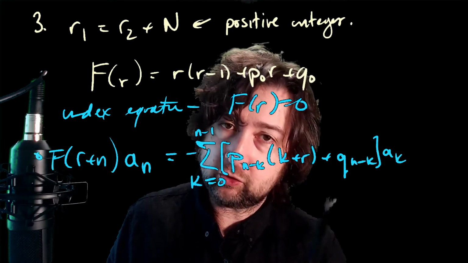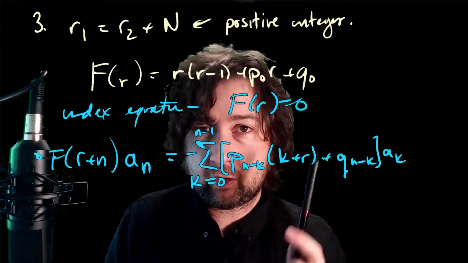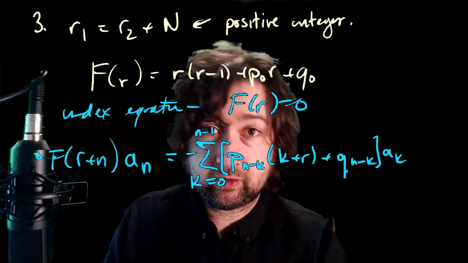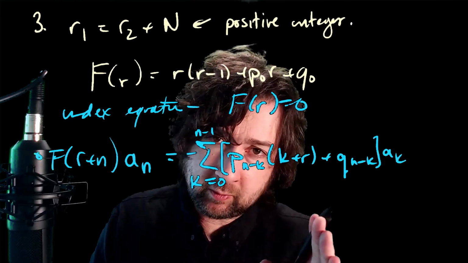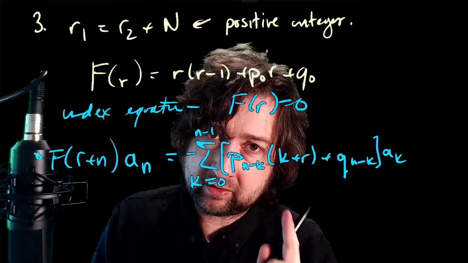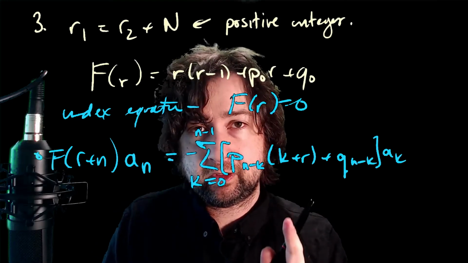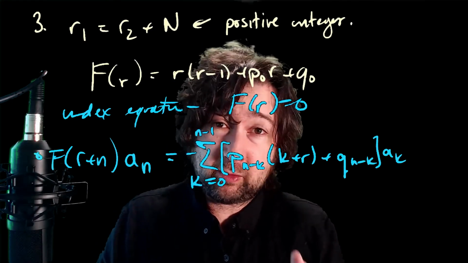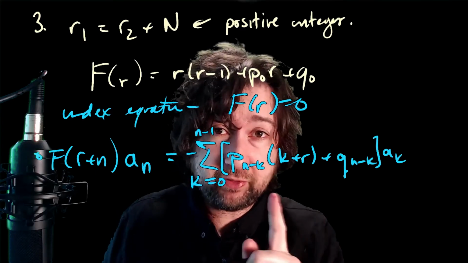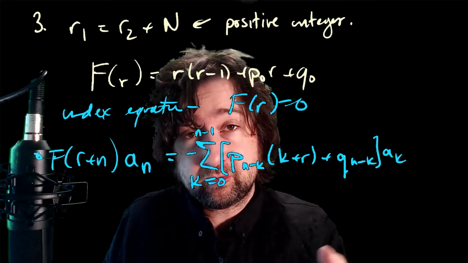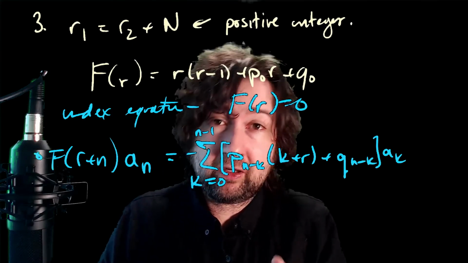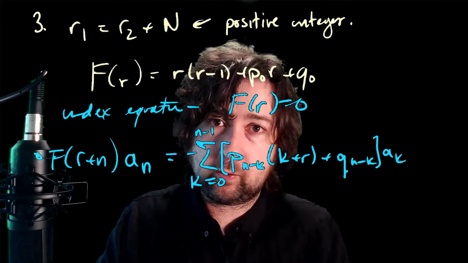And the things that contribute to that are the coefficients of the power series for the functions p of x and q of x. In practice, the problems that we're working with here, this sum turns out to be very simple. And the reason that it's simple is because usually we're dealing with polynomials. So nothing will be over here except for, say, p0 and p1, or q0 and q1, because we're never working with anything more complicated than an x or an x squared or a constant.